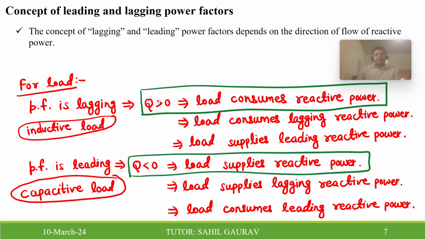And power factor lagging means that Q is positive, and that means the load consumes reactive power. If nothing is given about the reactive power, you have to suppose that this is for lagging reactive power.